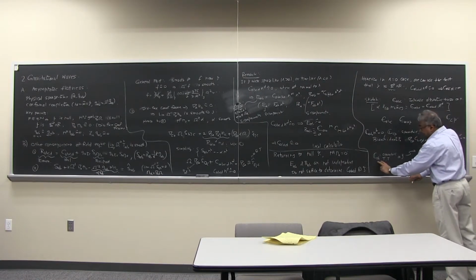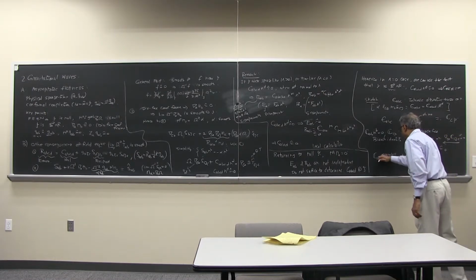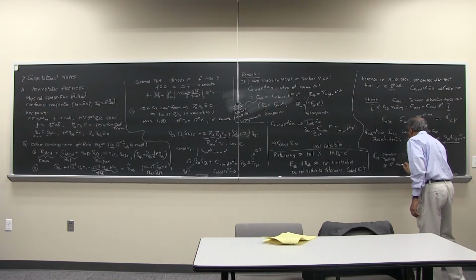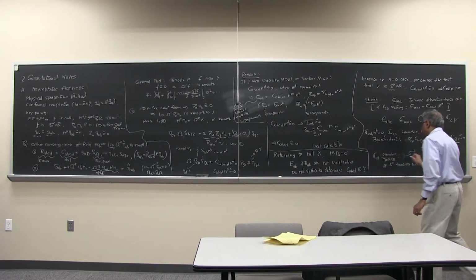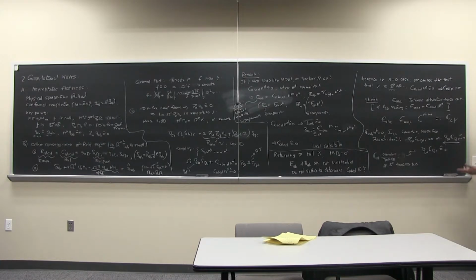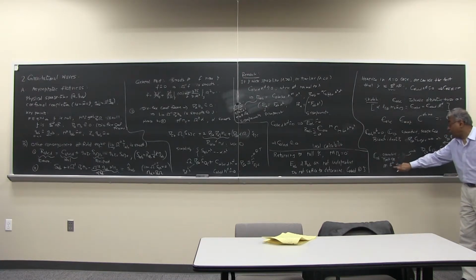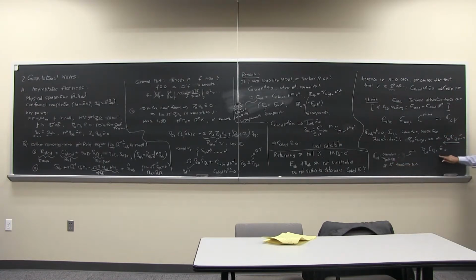So we can think of this as being symmetric, trace-free on the two sphere, and if it satisfies this condition, then C equals 0.